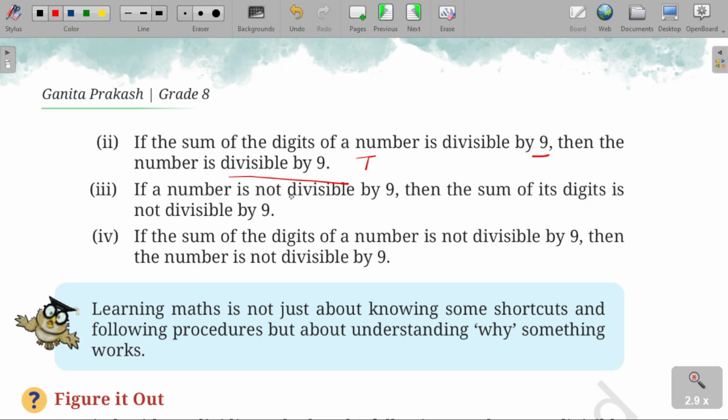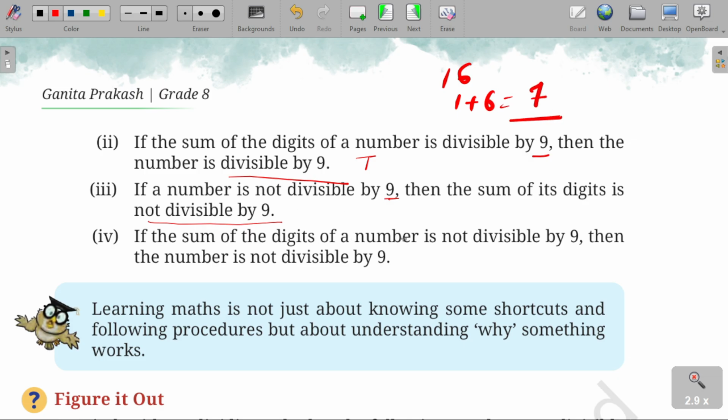If a number is not divisible by 9, then the sum of its digits is not divisible by 9. This is the negative form of the above statement. If the number, say 16, is not divisible by 9, then 1 plus 6, which is 7, is also not divisible by 9.